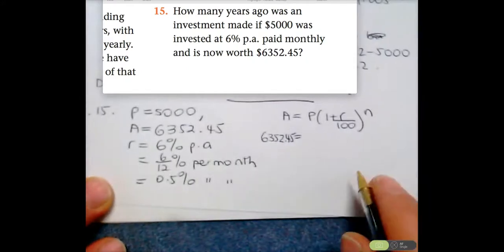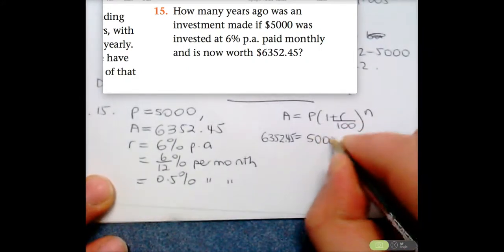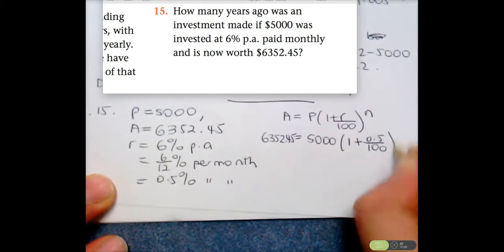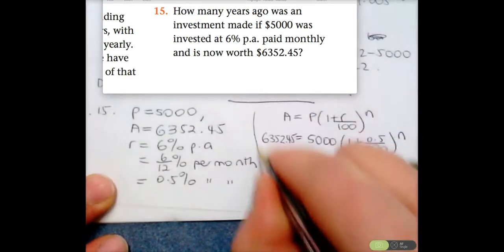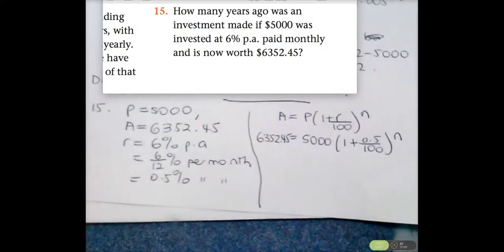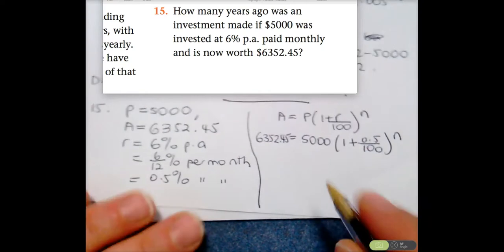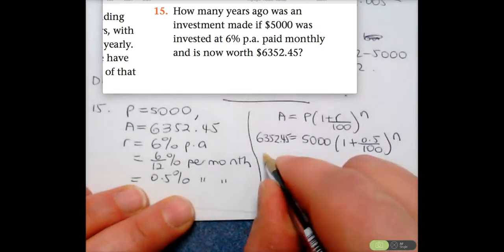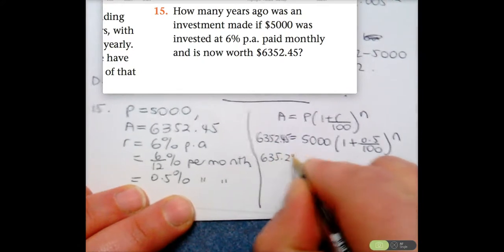The principal is 5,000. And it's 1 plus 0.5 over 100 to the power of n. So what's 6,352.45 divided by 5,000?